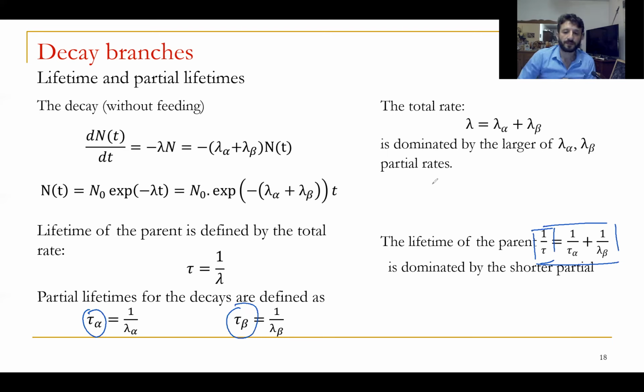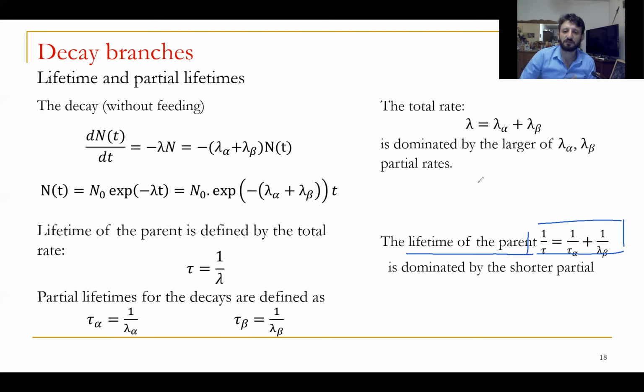Here tau equals 1 divided by lambda, and lambda is the total one. To calculate the lifetime of the parent, you have to take this one and solve it.